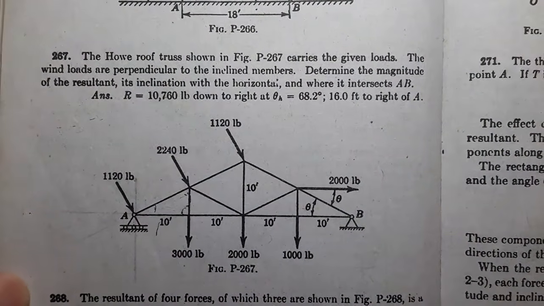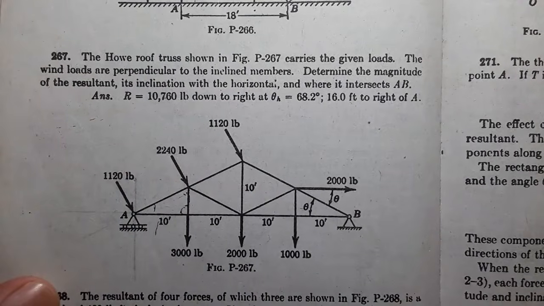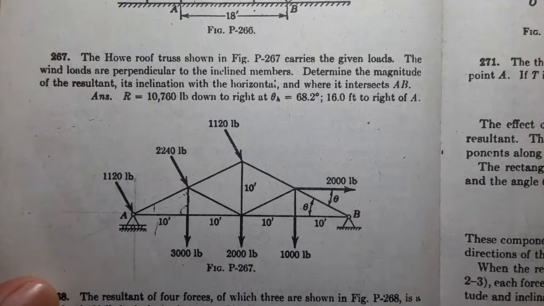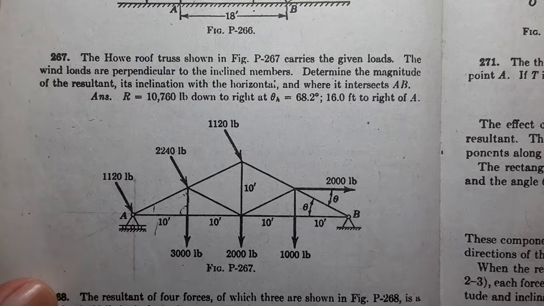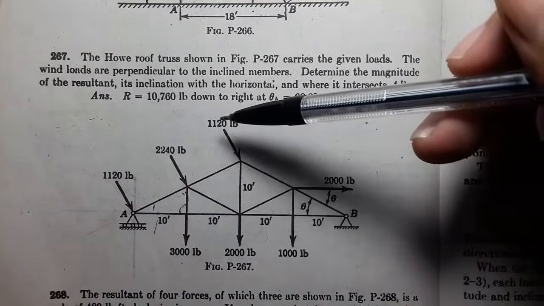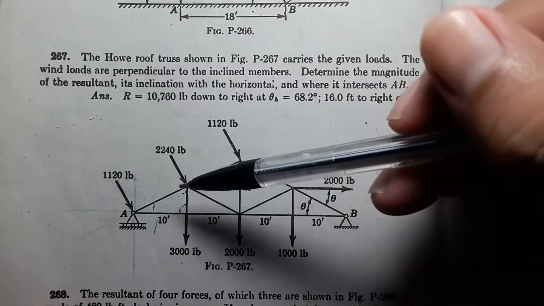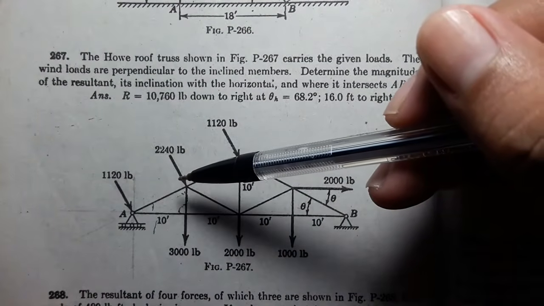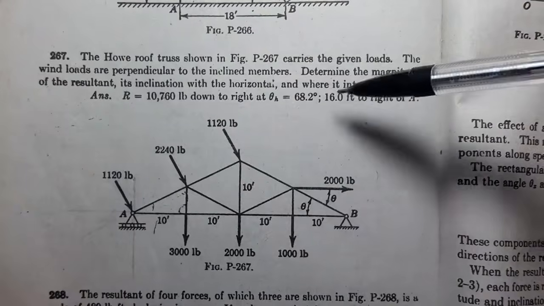The problem states that the Howe roof truss shown in figure P-267 carries the given loads. The wind loads are perpendicular to the inclined members.